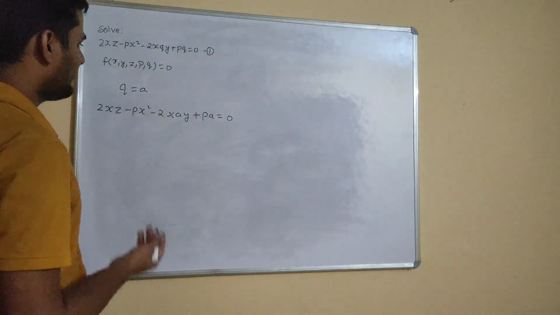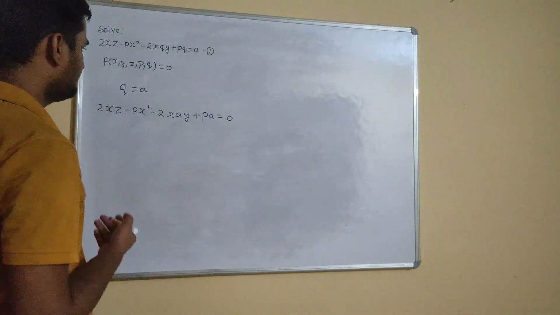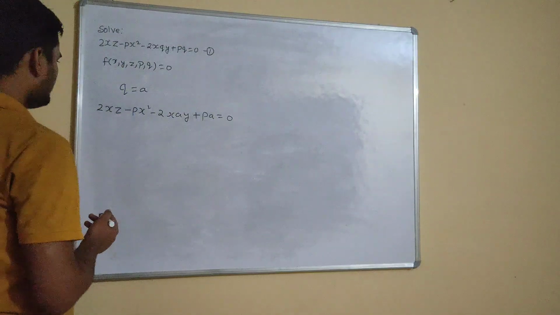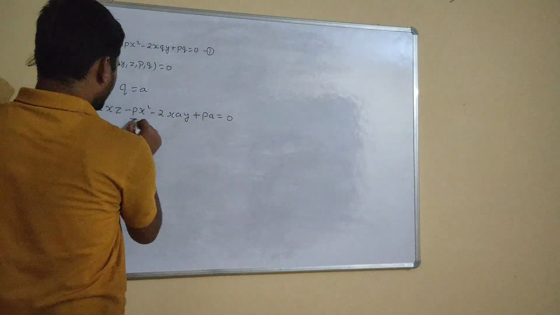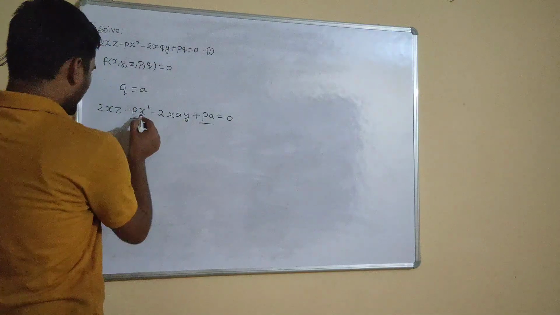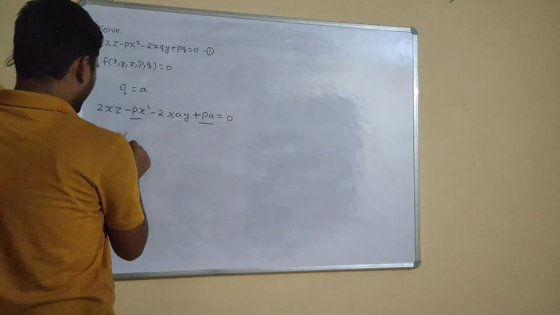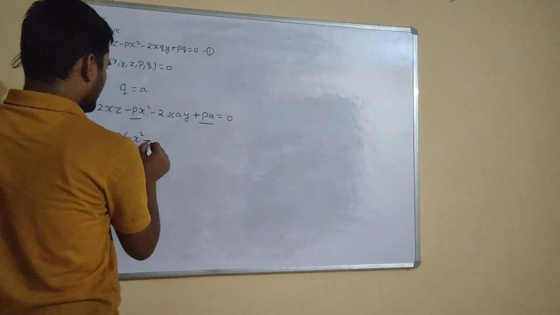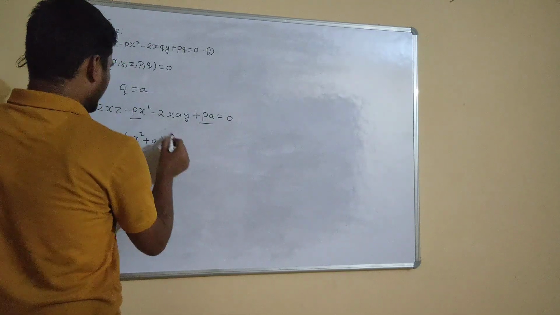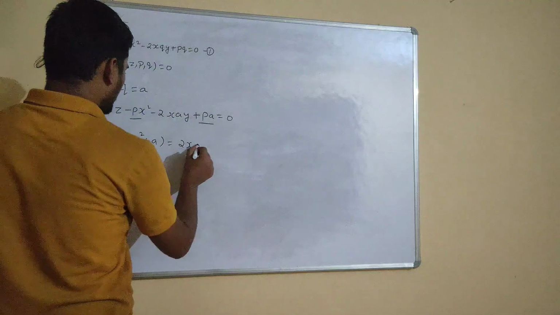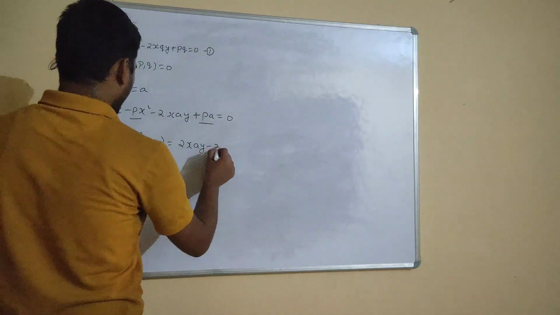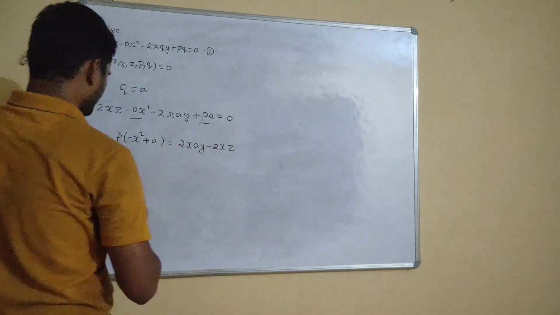I am interested in finding the value of p, which I will get from these two terms. So if I take p common here, I will get minus x square plus a, and send these two terms to that side, 2xay minus 2xz.